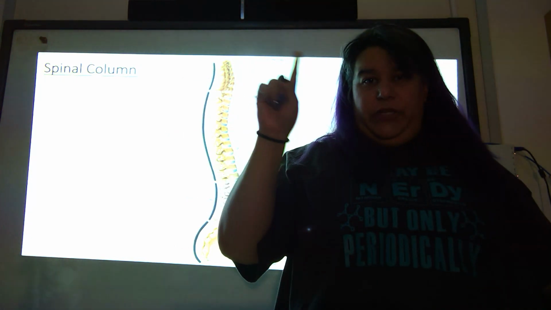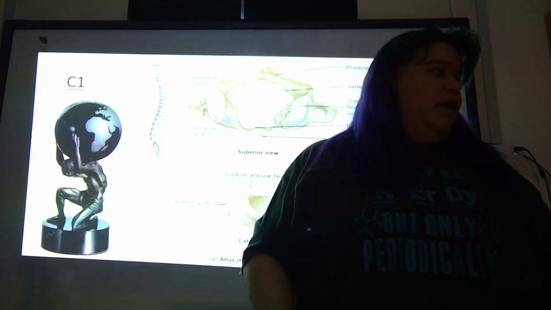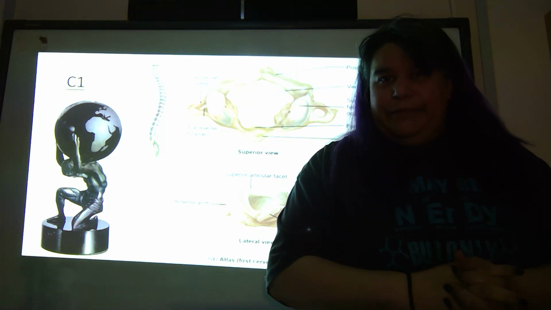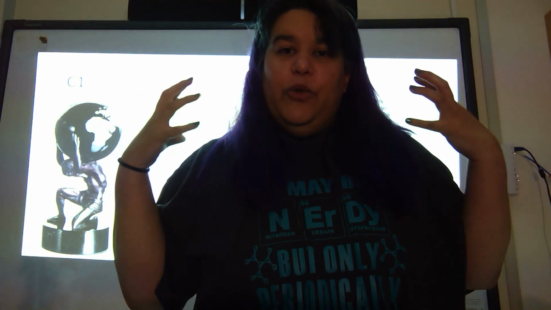C1, the first cervical vertebra, is called Atlas. Atlas in Greek mythology was the one who held the world on his shoulders. So this is Atlas. Now, why do we say that?